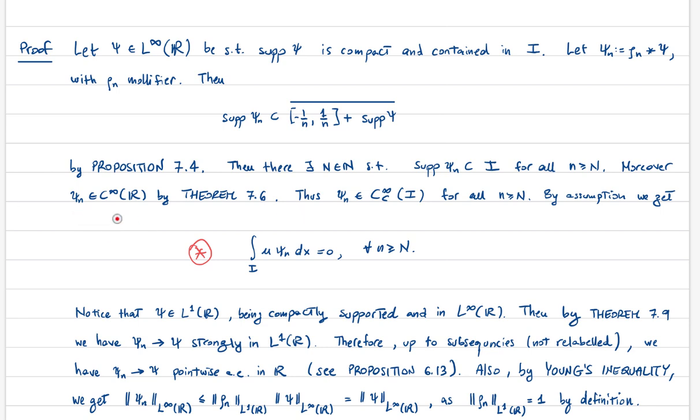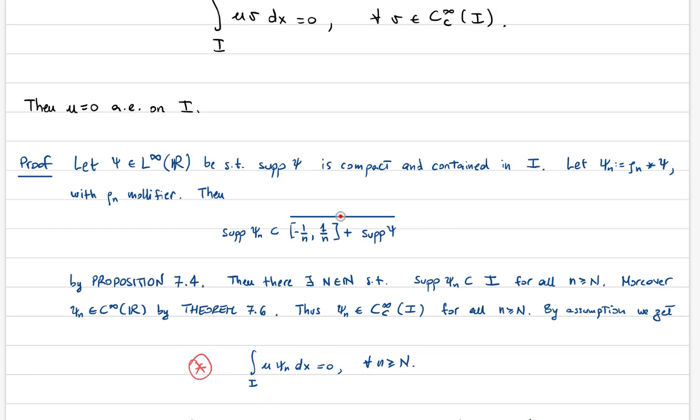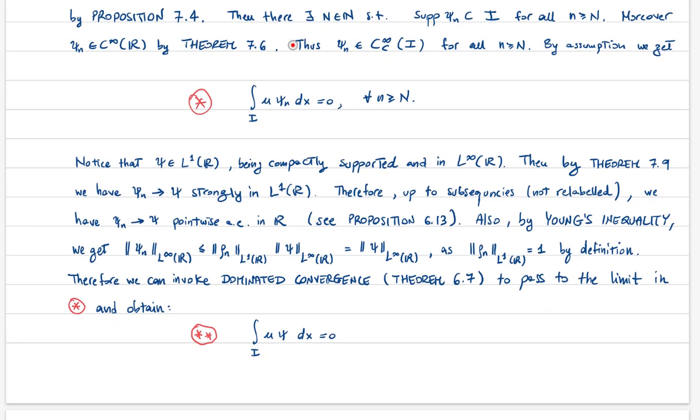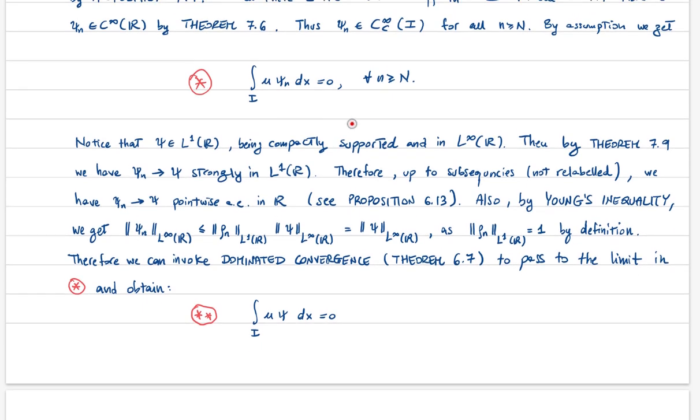Okay, so psi n is C infinity, and here we just said that the support of psi n is compact and contained in I, so it means that psi n is compactly supported C infinity, and so by assumptions we know that psi n becomes a test function for this condition here. So in particular we know that the integral of u times psi n is 0 for all n sufficiently large.